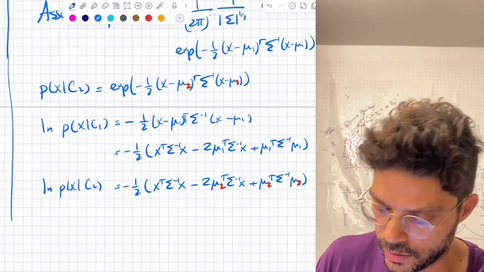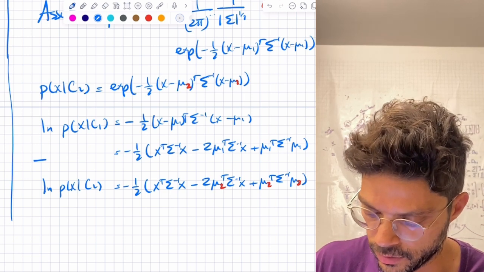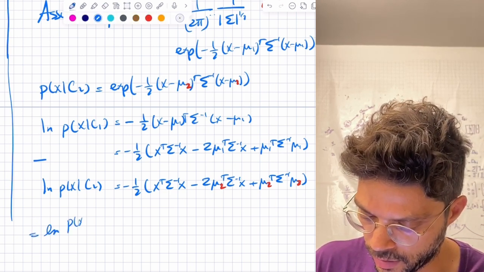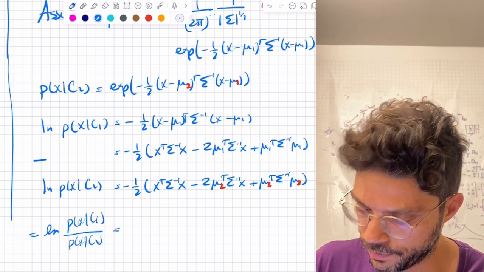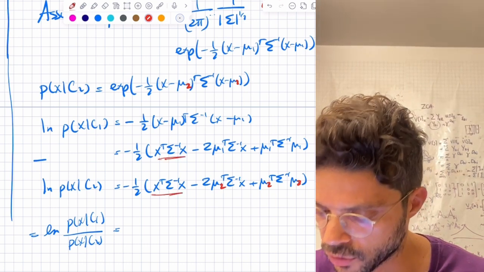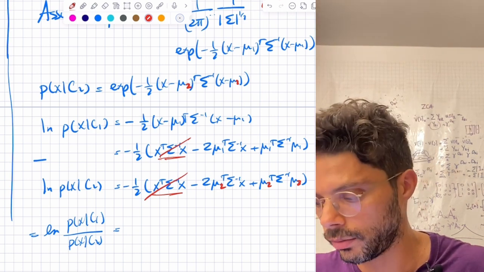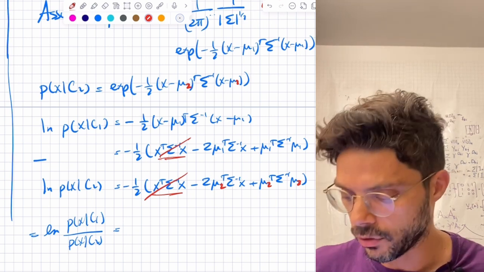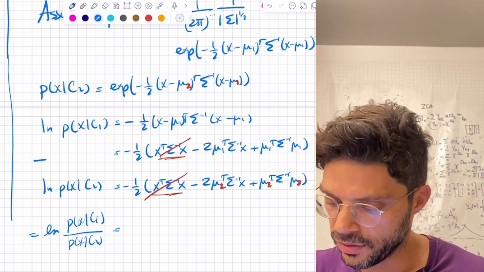Now if we subtract these, because we want ln of p of x given c1 over p of x given c2, miraculously we've got these squared terms showing up, but they actually cancel. That's the whole trick, and that's why we get these linear boundaries. So they cancel, and what do we end up with?